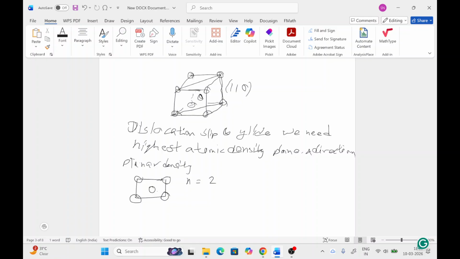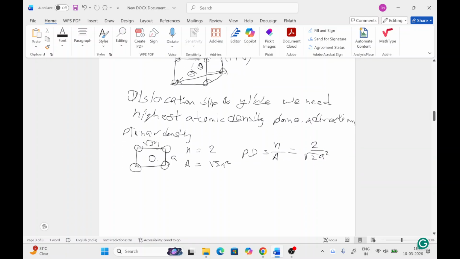The area of this is a times root 2 a, which gives root 2 a square. The planar density will be the number of atoms per area, so this will be 2 by root 2 a square.